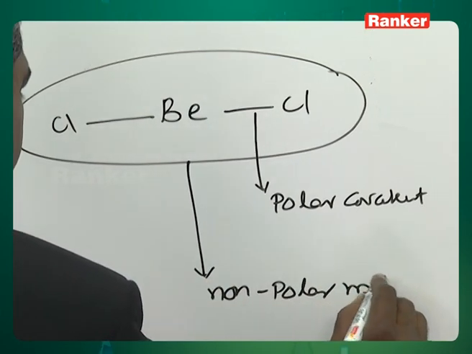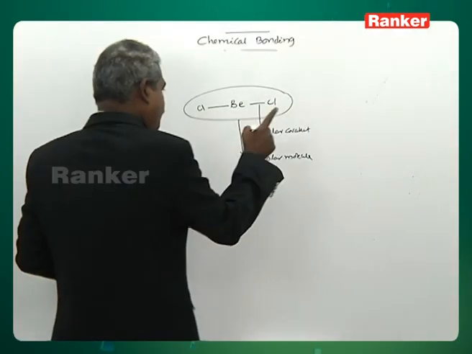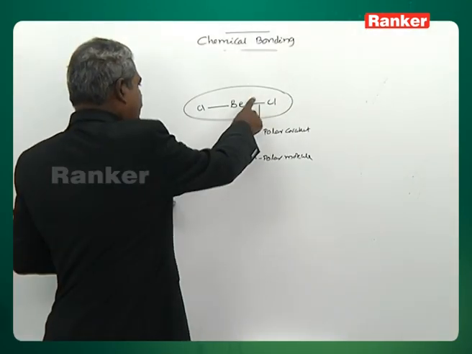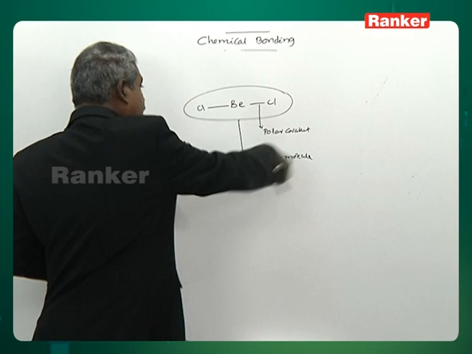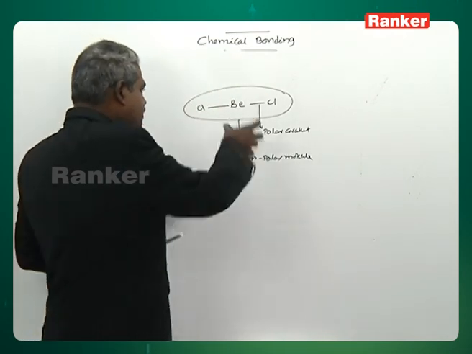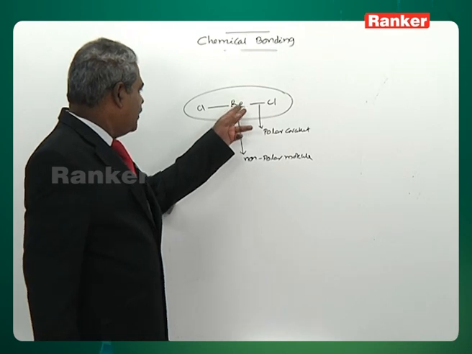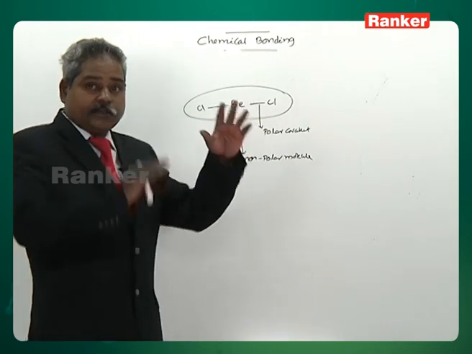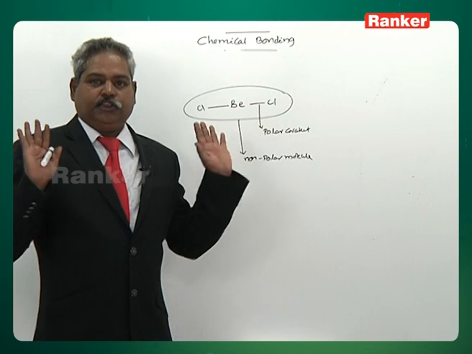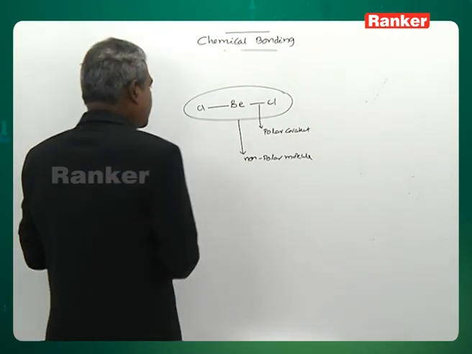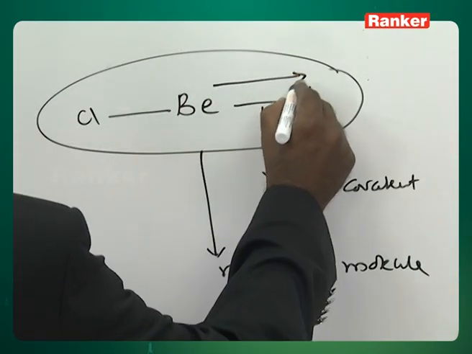Non-polar molecule. Carefully observe. Polar bond, but molecule as a whole. So there are differences inside. There is a difference of opinion between beryllium and chlorine, but the molecule as a whole is calm, because the dipole moments cancel each other.